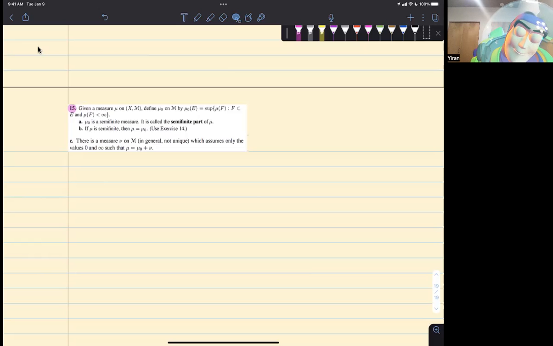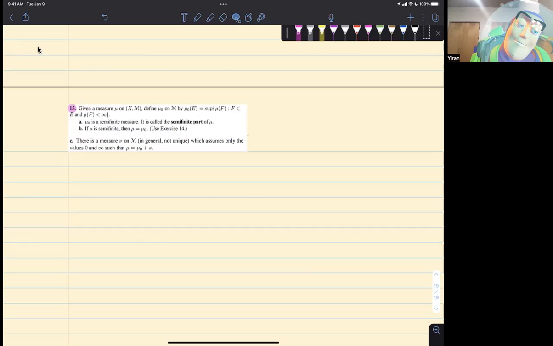So by definition, it is equal to the supremum of mu(Fj), where Fj is a subset of Ej and the measure of Fj is finite. So we want to show this, right? And so observation, we need to show this supremum, this.